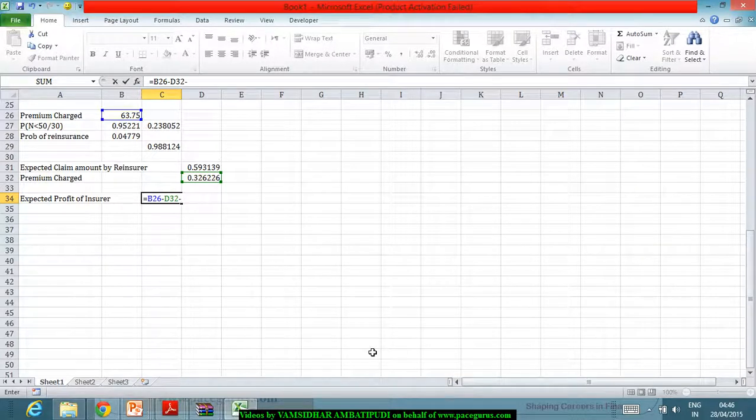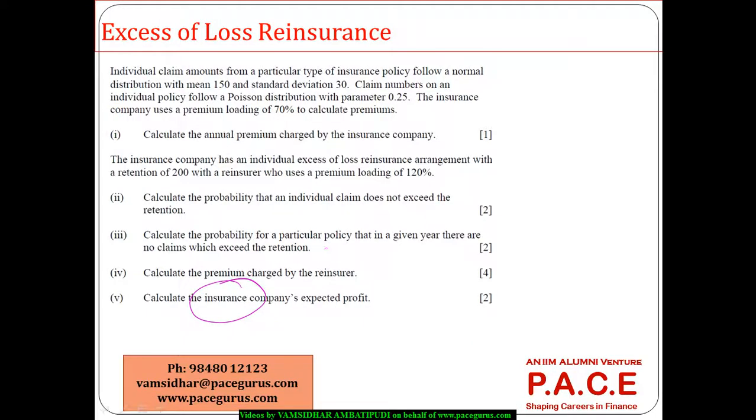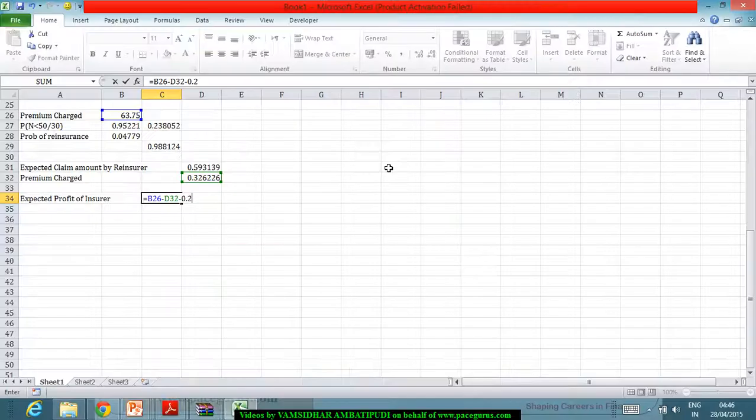The expected claims that the insurer is supposed to pay, from the insurer's standpoint, is the total expected claim amount out of the overall.